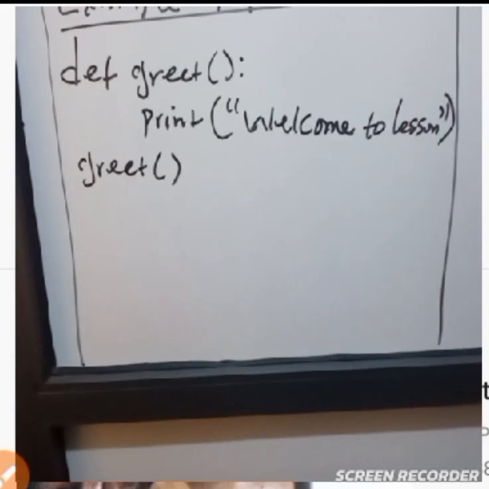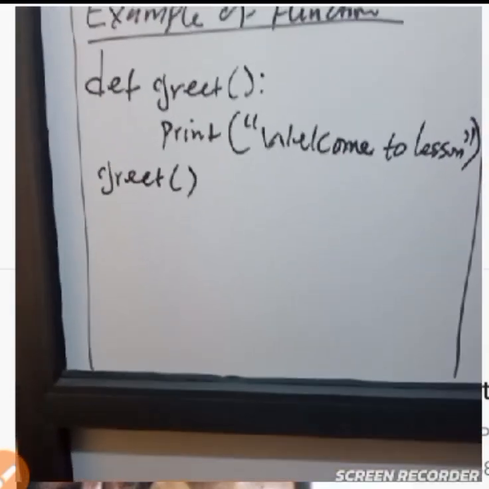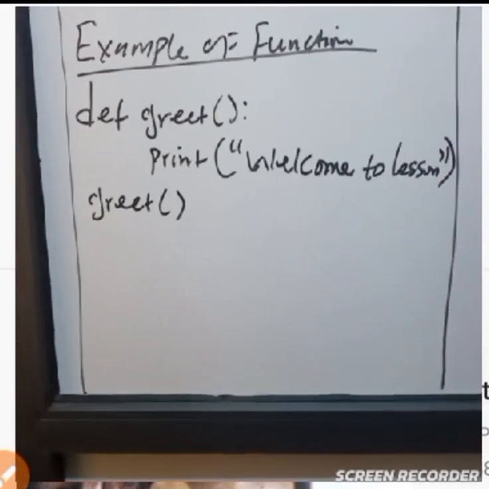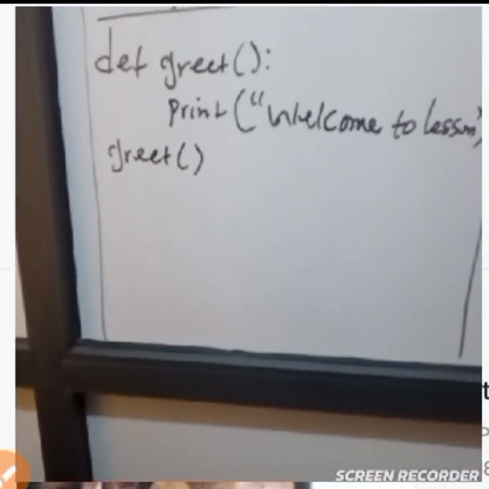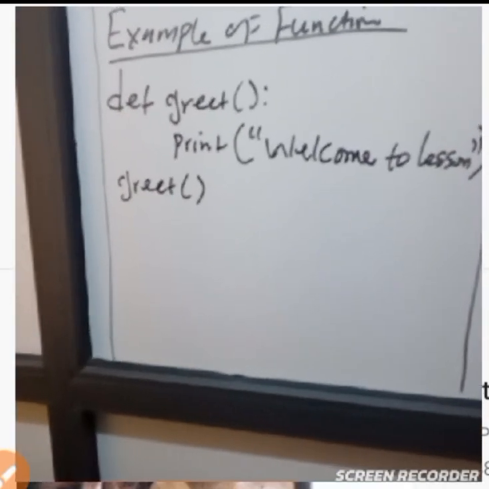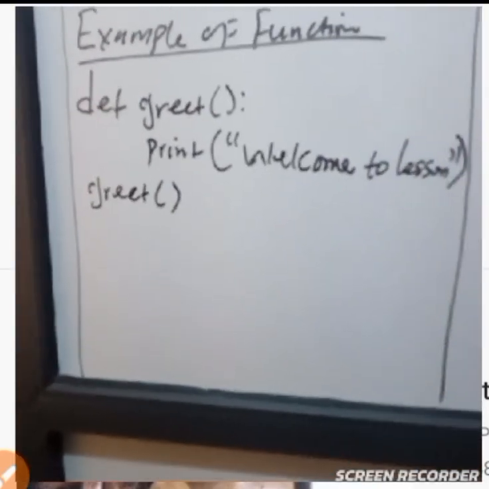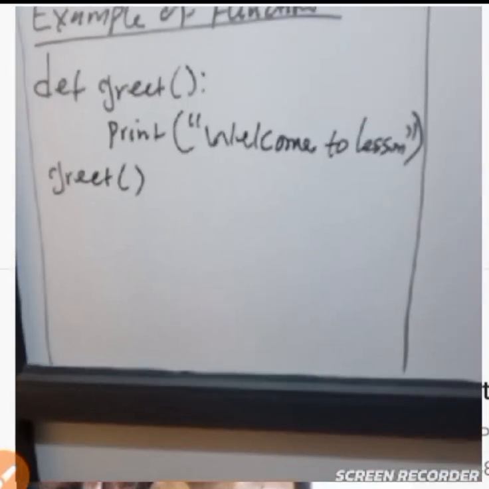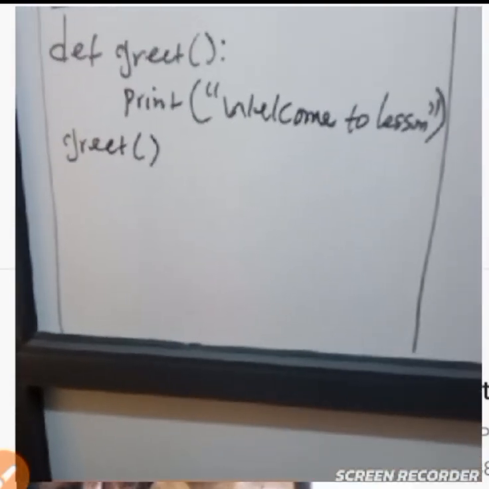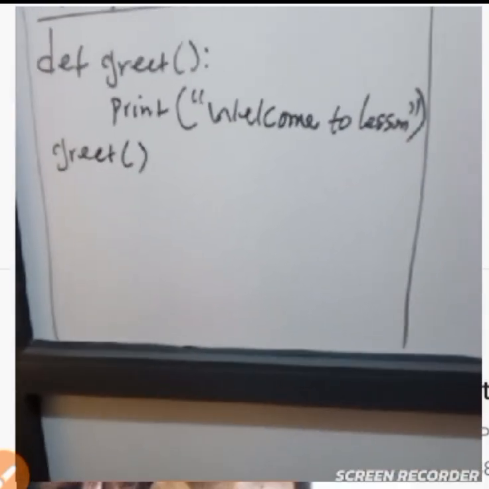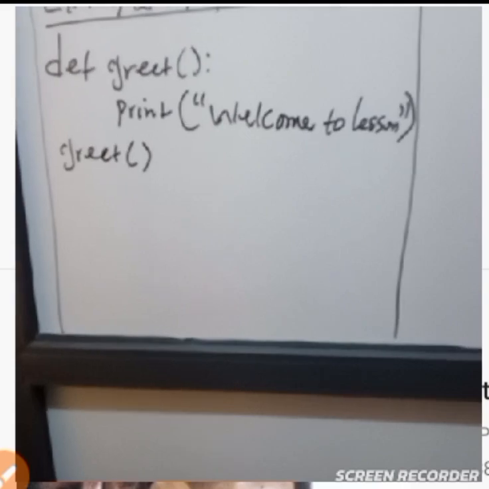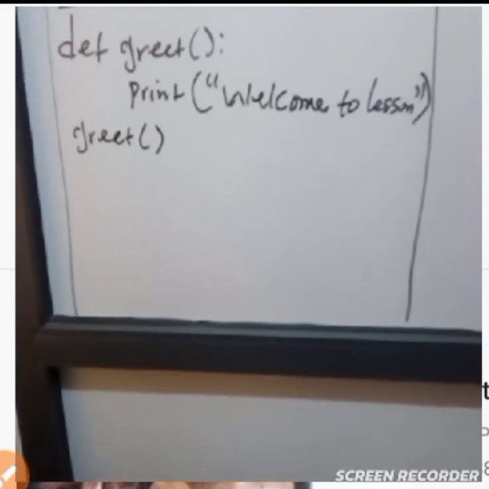So that is it with this control structure. If is used for conditions, for decision making; loops are used for repetition; while functions help us reuse code and organize programs.